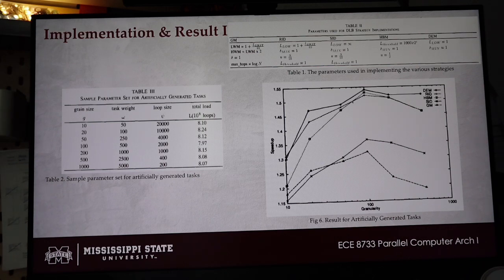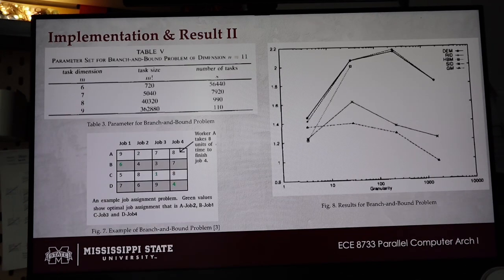Figure 6, at the bottom right of the slide, shows the results of this test. We can see the dimension exchange method and RID, which is receiver initiated diffusion, perform the best. And this slide is the implementation and result two.